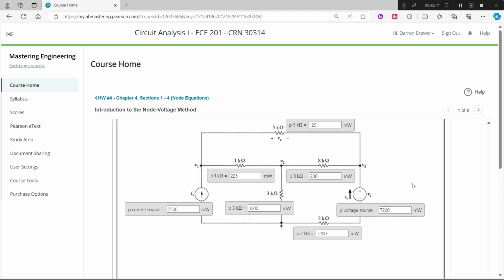This actual voltage source this whole time was 0.01, which is equal to IS. So 0.01 squared times 2,000 is 0.2, so this ends up being 200, and 120 times 0.01 is 1.2 watts, which is 1,200 milliwatts.